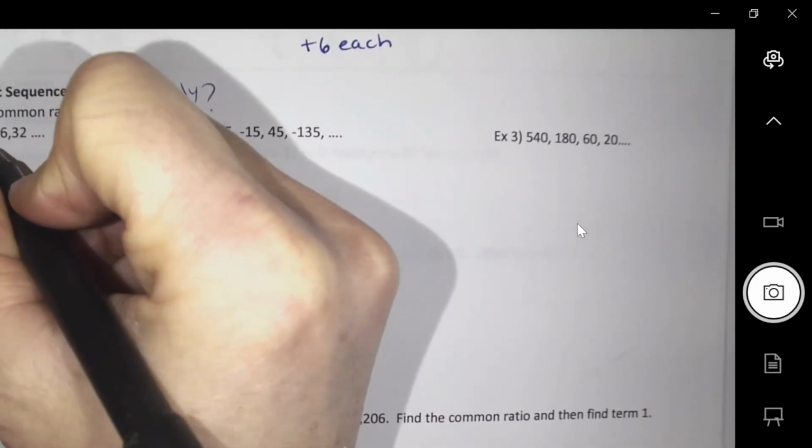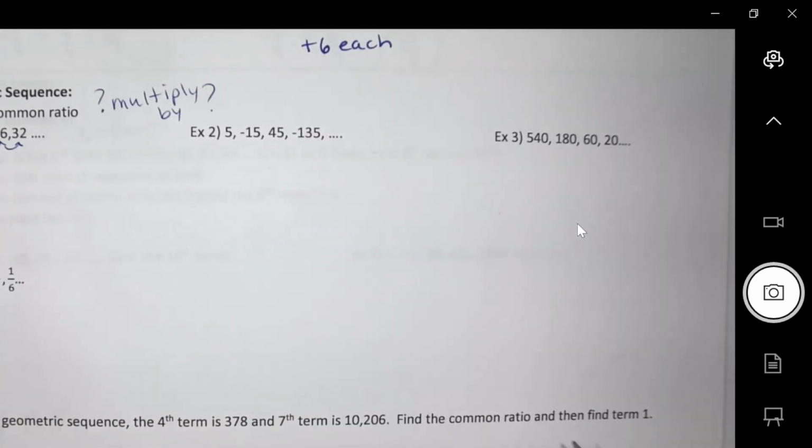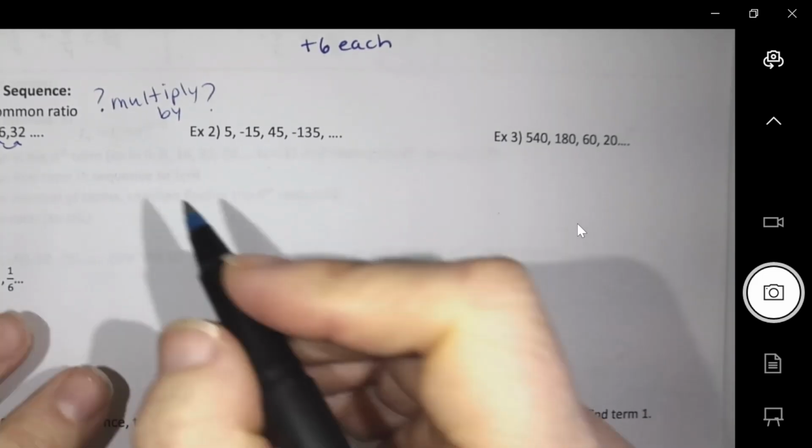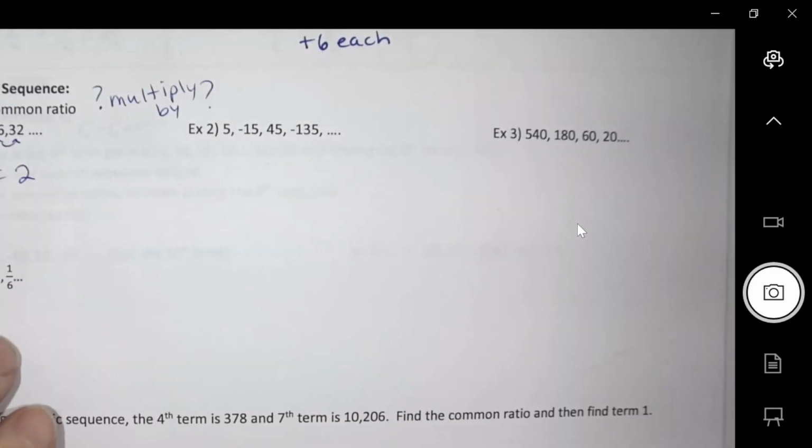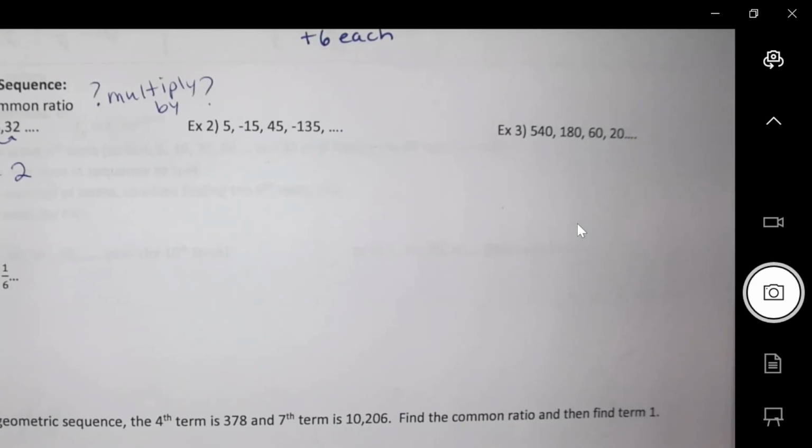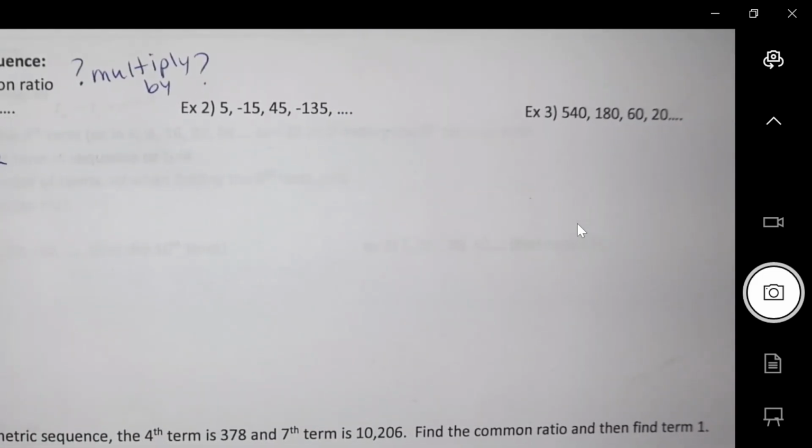Okay, sequence 1. So I went from a 4 to an 8 and then a 16. So what am I multiplying by? 2. What if I don't see it?